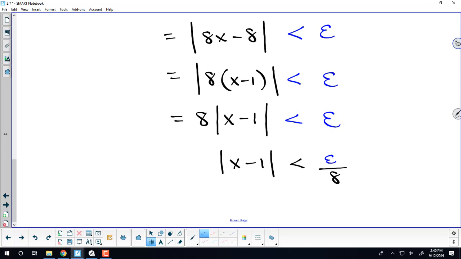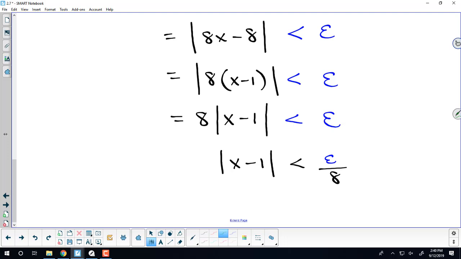So what do I need my delta to be in order for this limit to satisfy the definition? Not 1. Not 0 either. Not 8 either. So here, take this statement. This statement we've whittled down from f of x minus L, right?